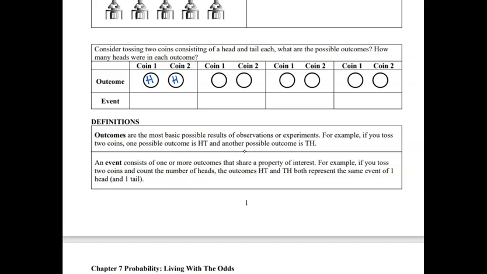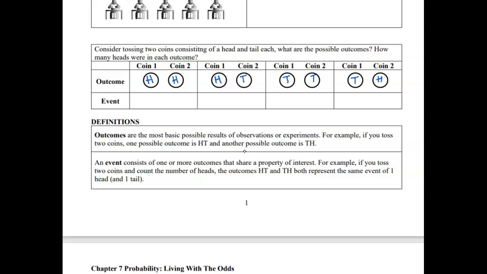Or we could toss coin 1 and get a heads, and coin 2 could be a tails. Or coin 1 could be tails and coin 2 could still be tails. Or coin 1 could be tails and coin 2 would be heads. But this picture is basically everything that I could come up with.